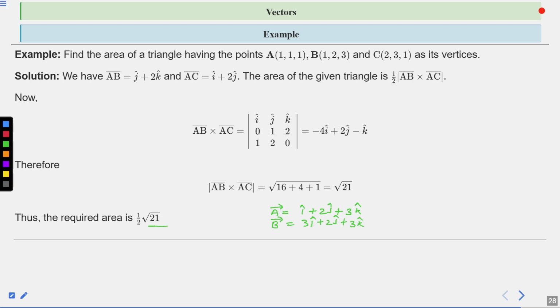Now what is A cross B? What is the cross product of these two vectors? First find this one. After that, find out the mod of A cross B. What is the answer? Please solve this question.